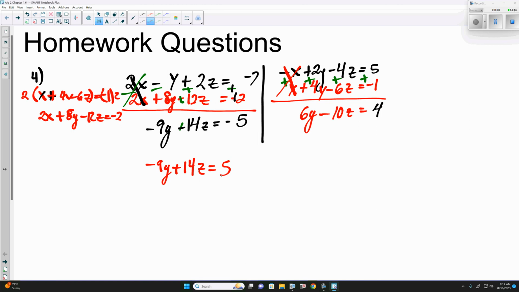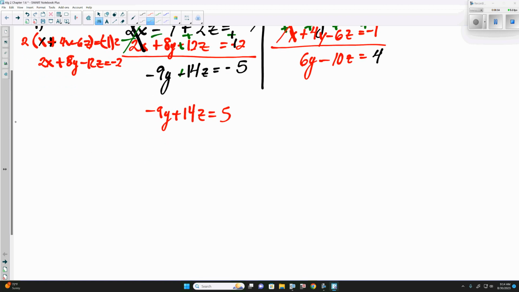We can go through the process of figuring out the first number that I can turn both 6 and 9 into, or I can just multiply the equation on the left by 6 on both sides, and the equation on the right by 9 to get them to be the same.